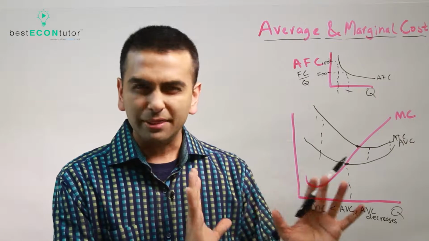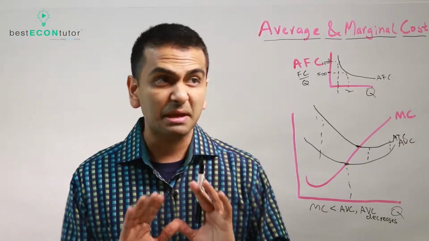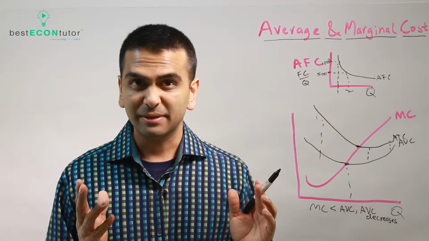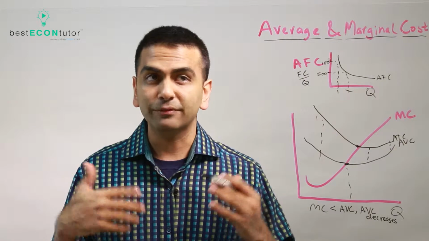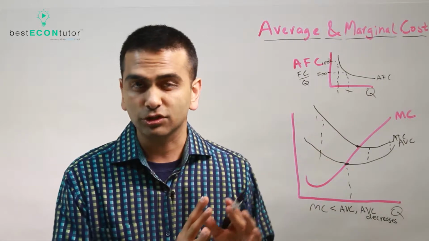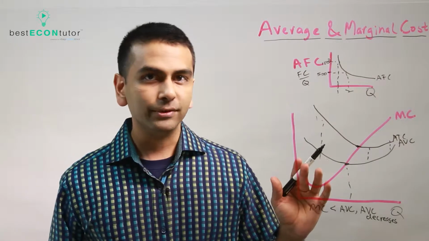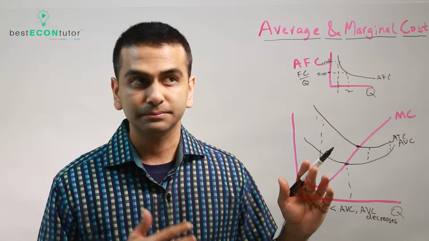Now, rather than memorizing this, it's actually a law that's true not just in economics, but in the universe. So let me give you another example where it'll make more sense, an analogy. Let's say you have a group of 20-year-olds, people who on average are 20 years old. You have a large group of them. Now, what happens to the average age of that group when you add a 12-year-old to the group?